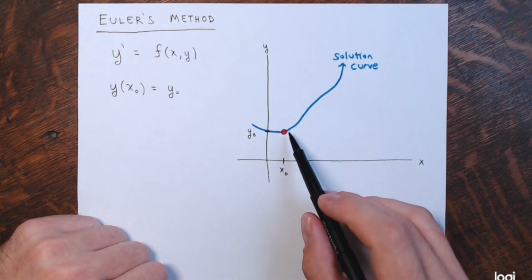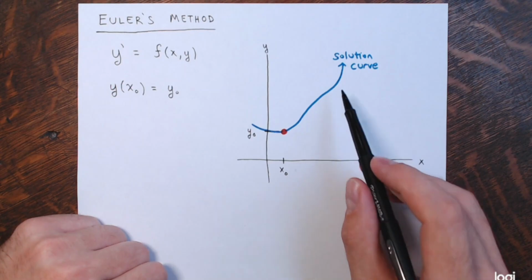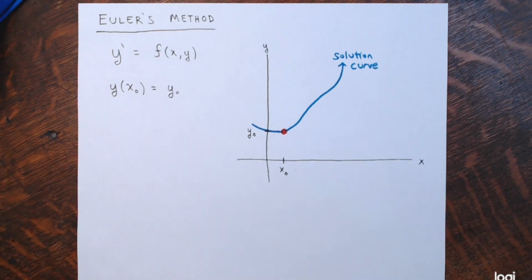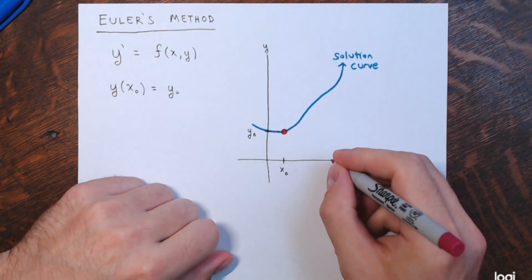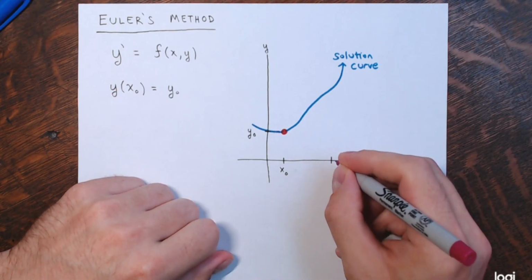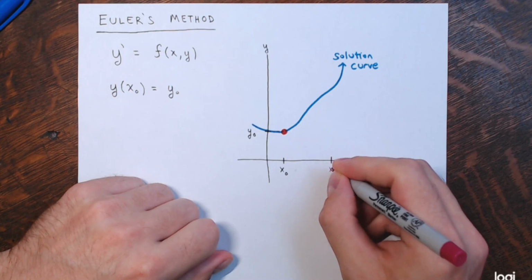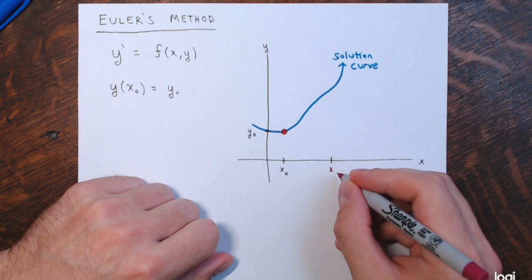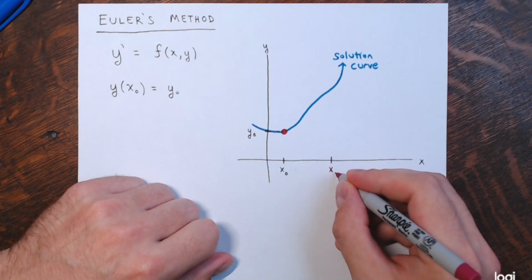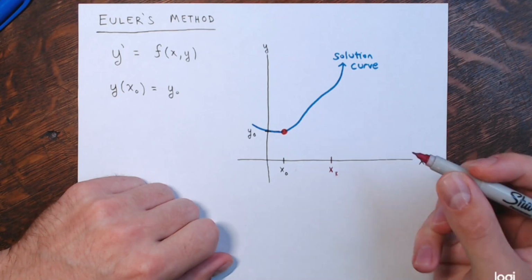Now suppose I wished to figure out the value of the solution curve at, say, x equals x sub k or whatever.